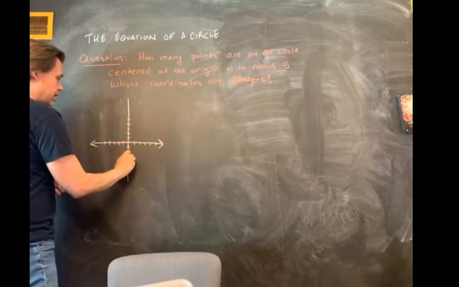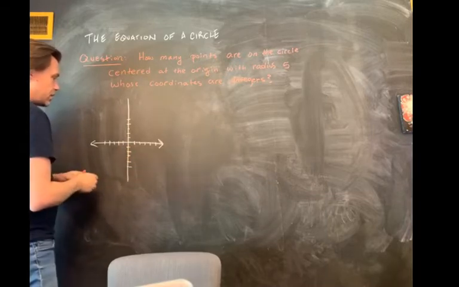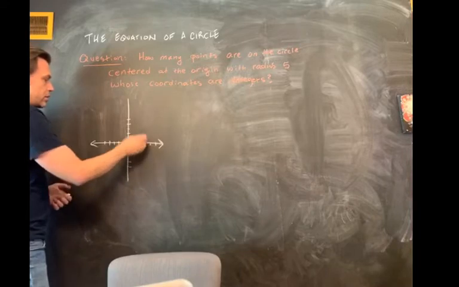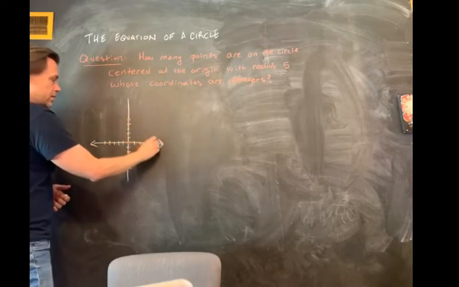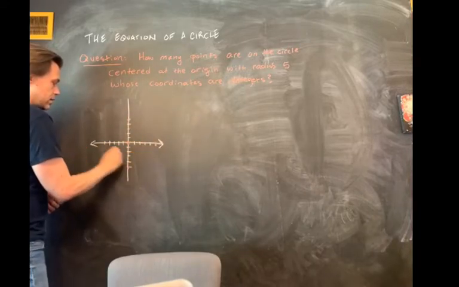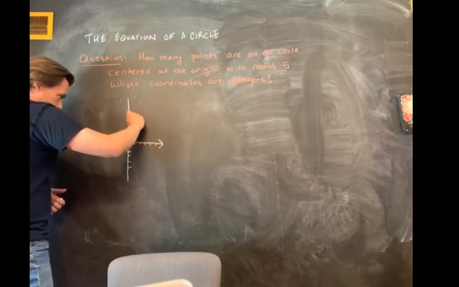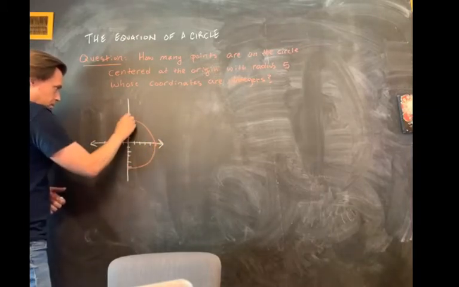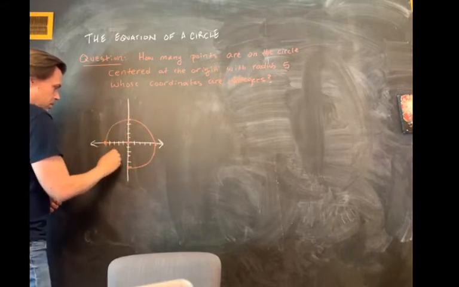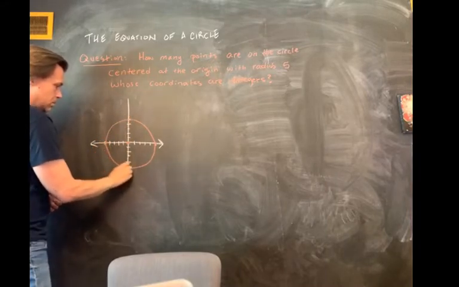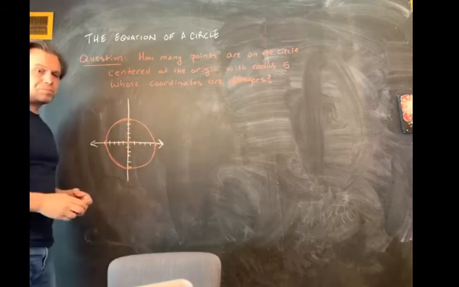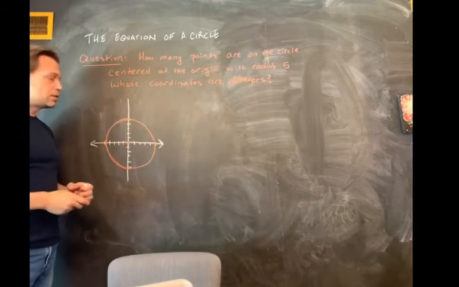So 5 up, 5 down. The center is right here at 0, 0. I'm going to mark these points 5 away. And then I've got my circle.